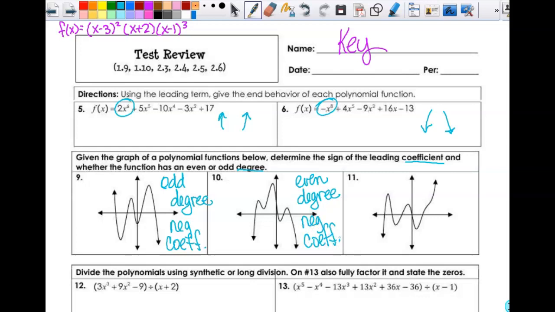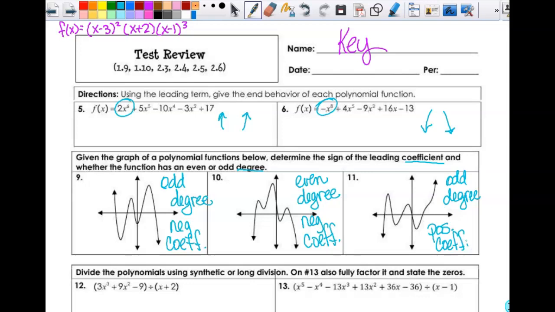All right, so then 11, the ends are opposite, so that makes it odd. And it has a cubic look, so this is a positive coefficient. All right, there you go for those.